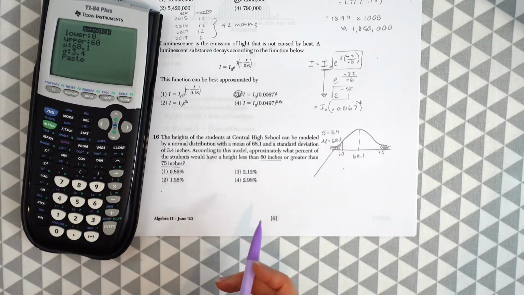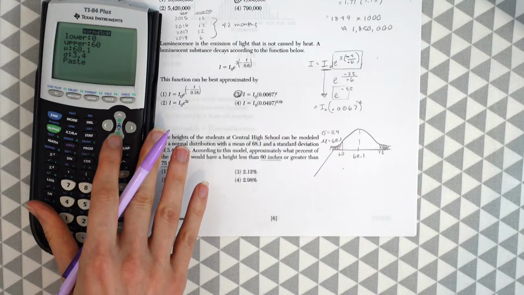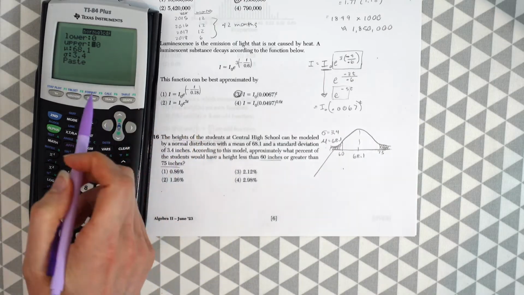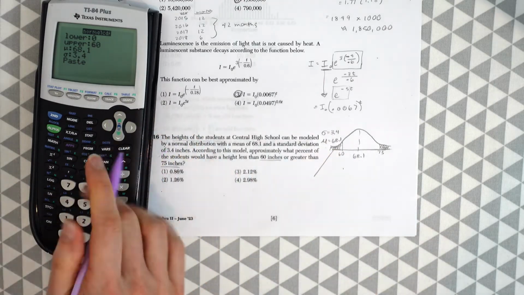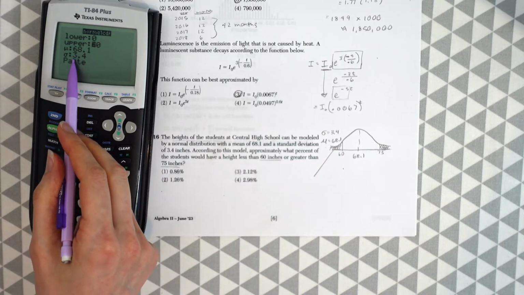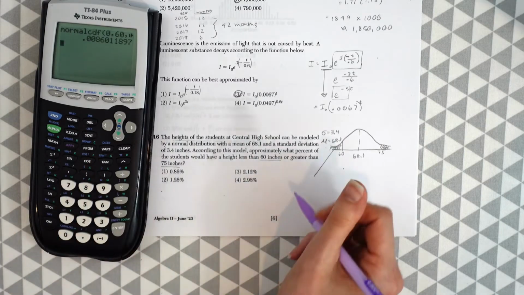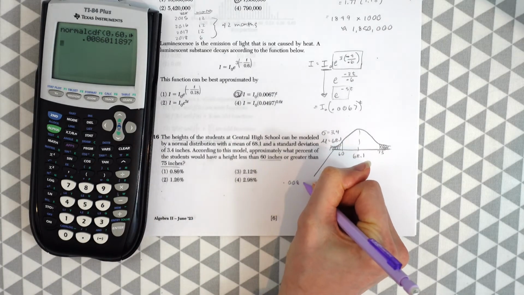Because we're dealing with heights of students, so no one's going to be lower than 0 inches. The upper value will be 60, and then here we're just filling in what they gave us. Mu is 68.1, and then the sigma is 3.4. We just press enter, and then we get this value, 0.0086.